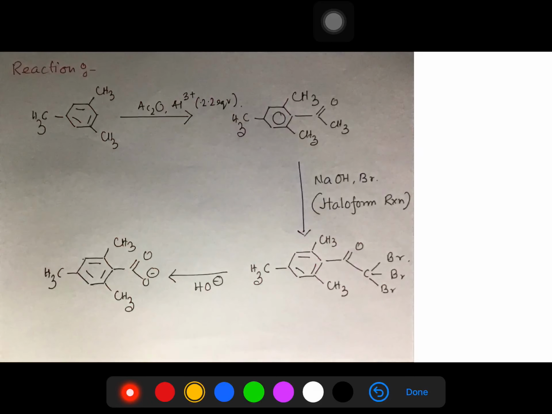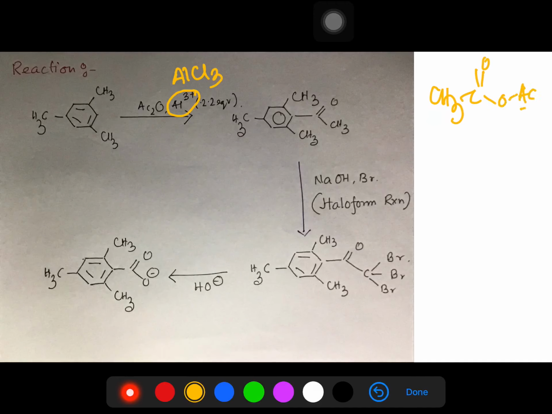Okay, so you can see the reaction, what is happening. So first of all, in presence of aluminium chloride, means actually we have taken AlCl3 2.2 equivalent, where the aluminium 3 plus is the active center, and this is acetic anhydride, means this part I am not writing the acetyl group again.